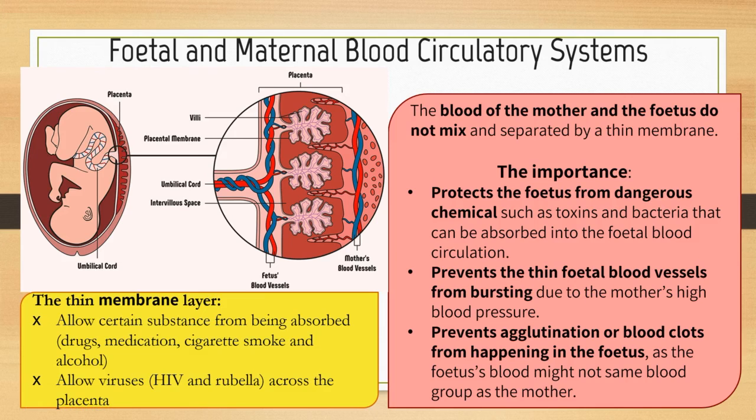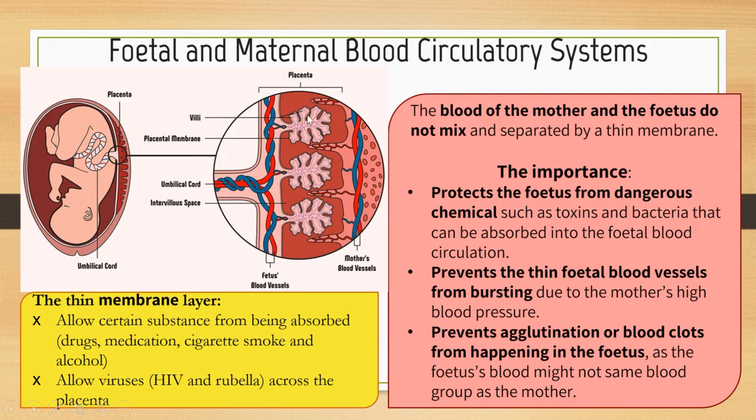Okay, so that's all for the fetal and maternal blood circulatory system. You have to know that the blood of the mother and the fetus do not mix. Let's take a look at this diagram. This is the umbilical cord of the fetus. This is the placenta. This is the mother's blood vessels. This is the fetus blood vessel.